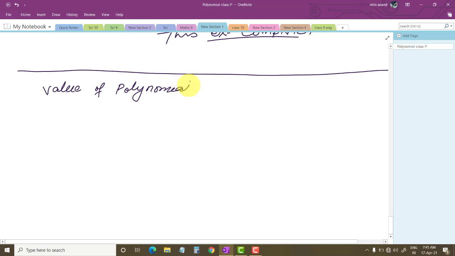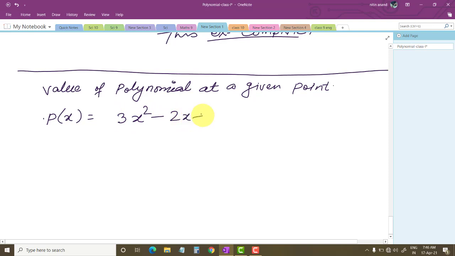Suppose we have a polynomial in terms of x, p(x) is equal to 3x square minus 2x plus 8.